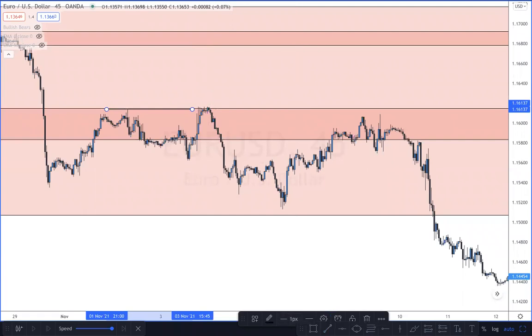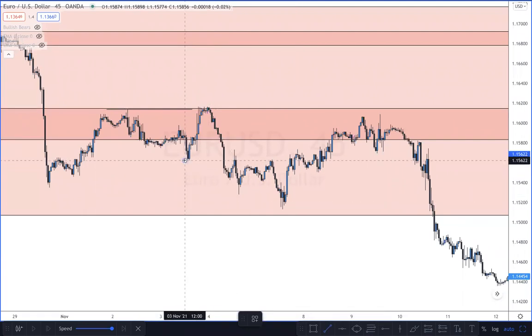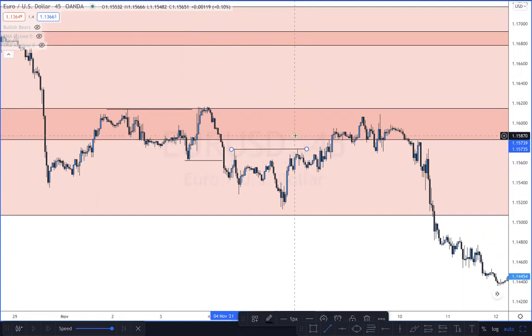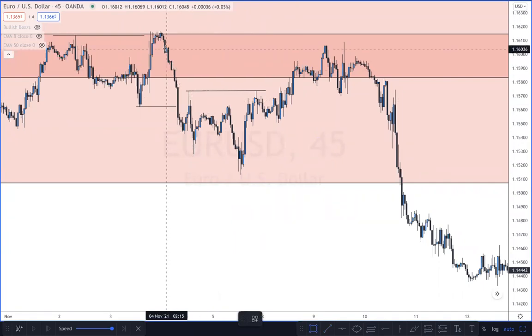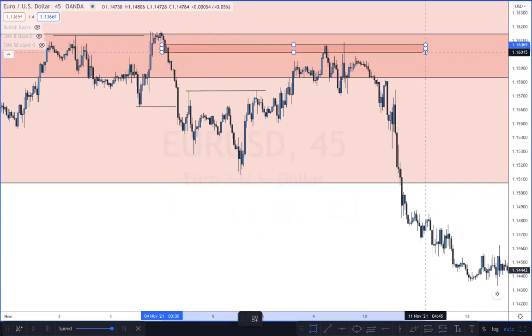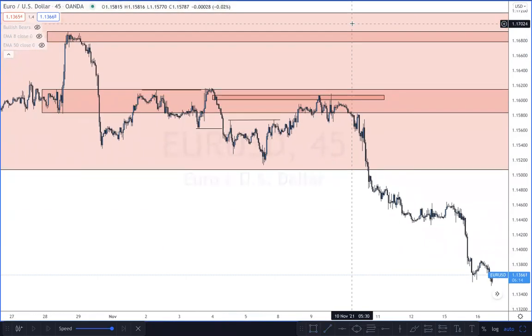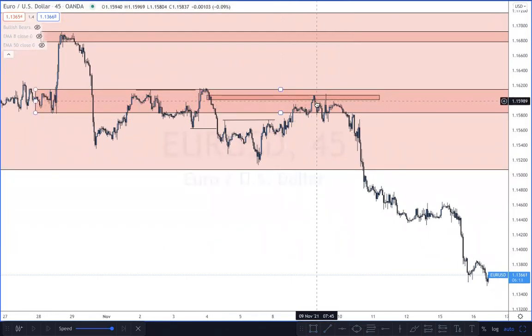We broke market structure down here. We had an internal liquidity buildup. And you have price drop, run, base, drop. So why would you not take this sell?